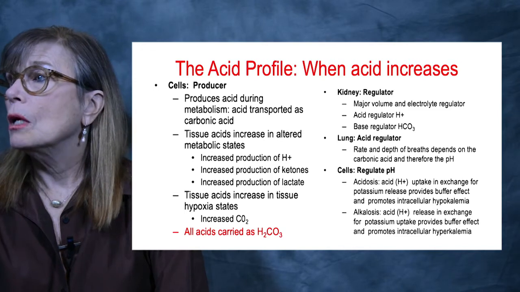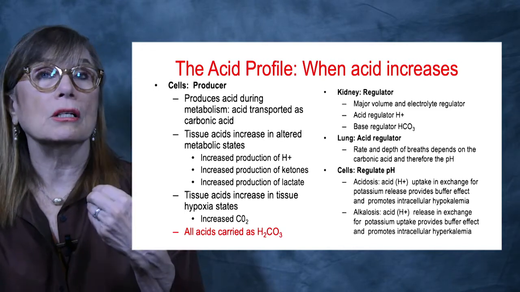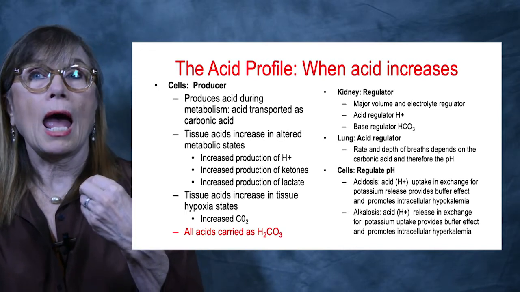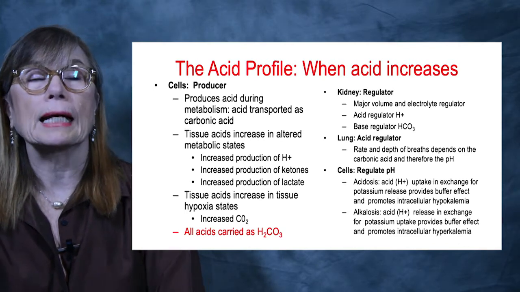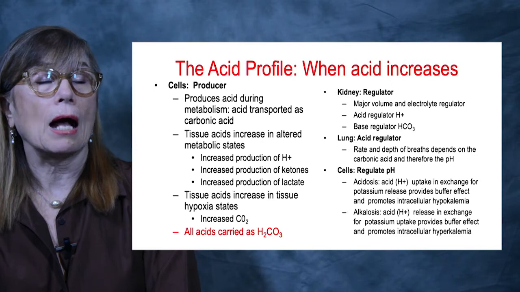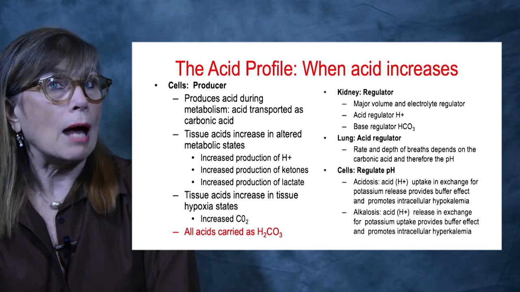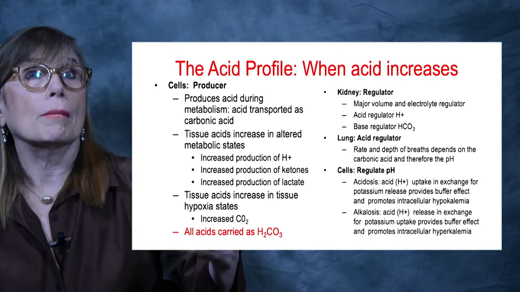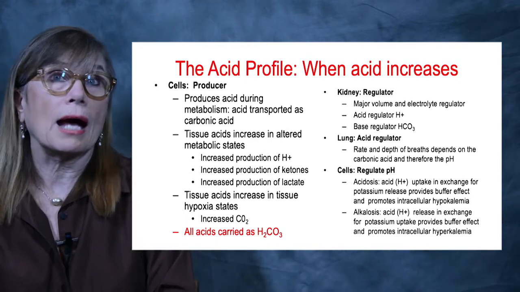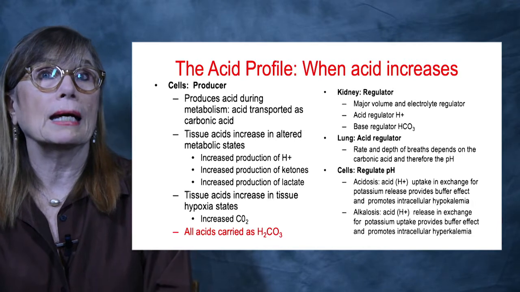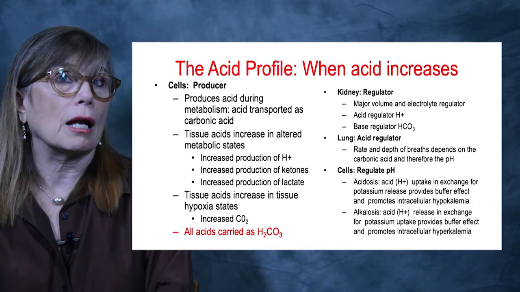All right. So cells take up acid in a metabolic acid state and release acid in exchange for potassium in a metabolically alkalotic state. What that means is if my bicarb is high and my base is in excess, I'll always have a low potassium, no matter how much potassium I give, until I repair the alkalotic environment.